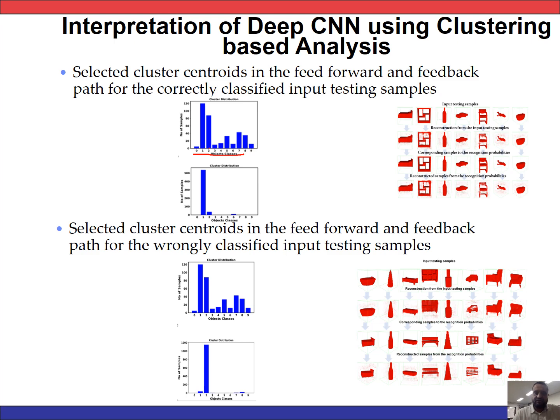When we fed those recognition probabilities to the neural network and found the representative clusters, it again said that it belongs to class 1. So the representative clusters in the feed forward and feedback paths are exactly the same, which means that the classification is correct.